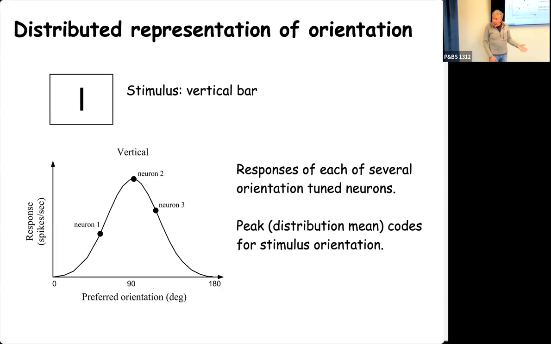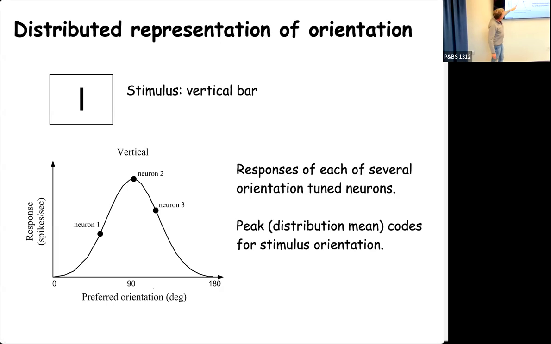Now, what I'm doing is imagining a thought experiment where I record simultaneously from 3 different neurons, all to the same input stimulus. One of them is selective for vertical orientation, so it gives the biggest response. This one is selective for a slightly tilted orientation clockwise, and this one tilted more counterclockwise, right? You could imagine you can record like 15,000. It's fine. So you have a bunch of them on this, right?